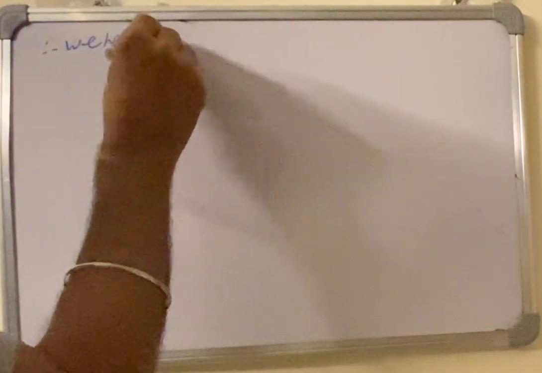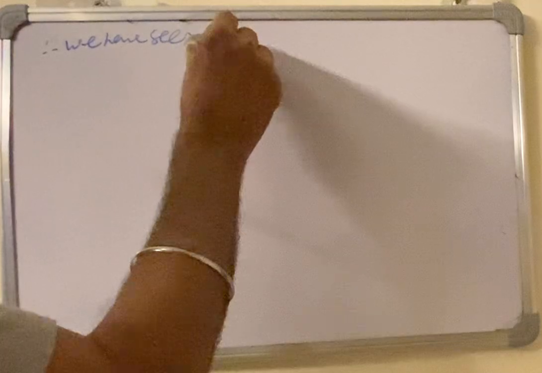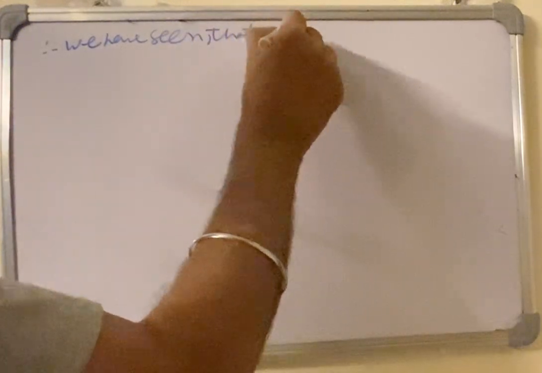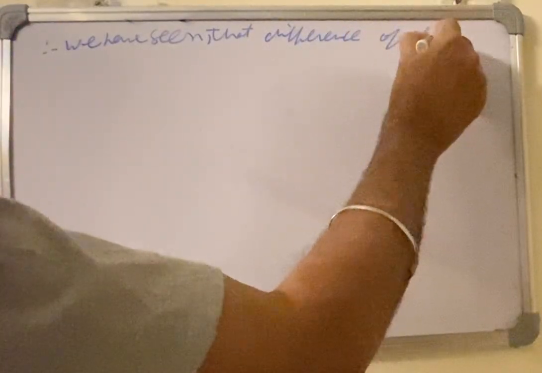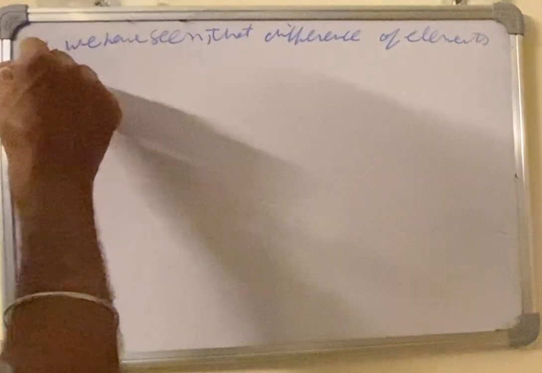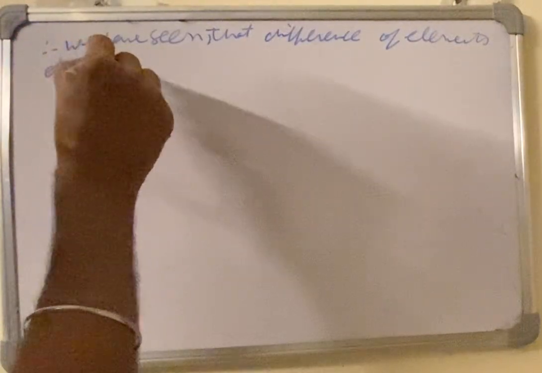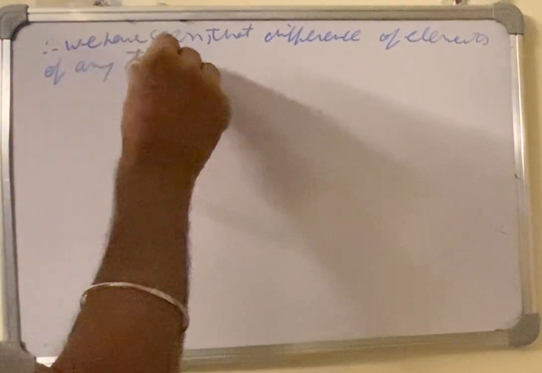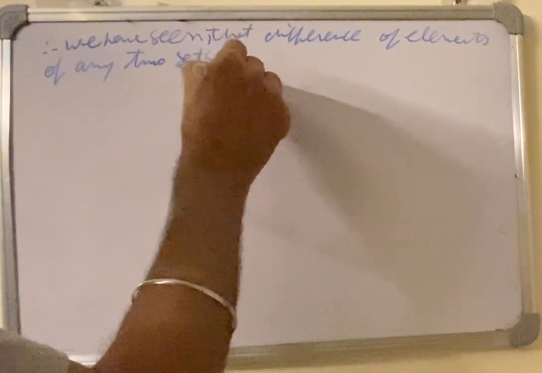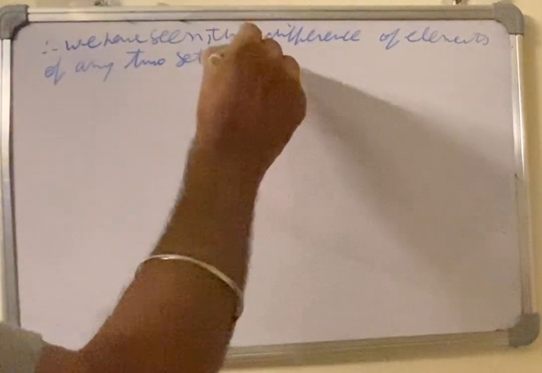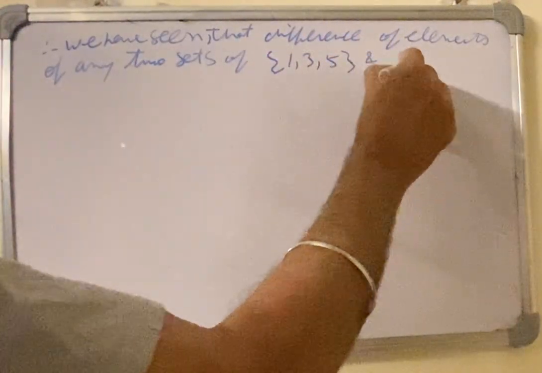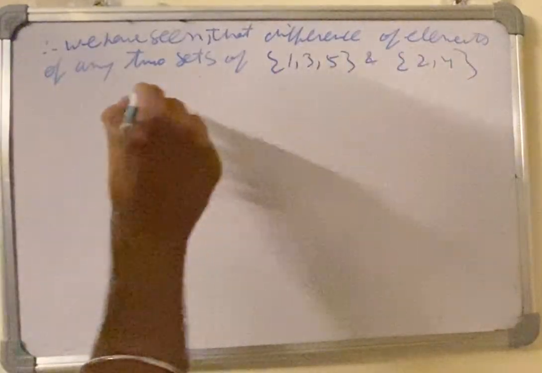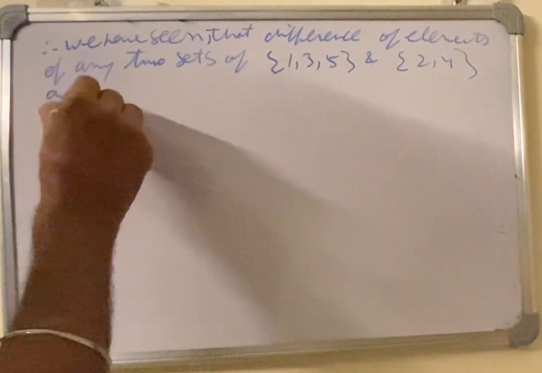Therefore, we have seen that the difference of elements of any two sets of 1, 3, 5 and 2, 4 are not even.